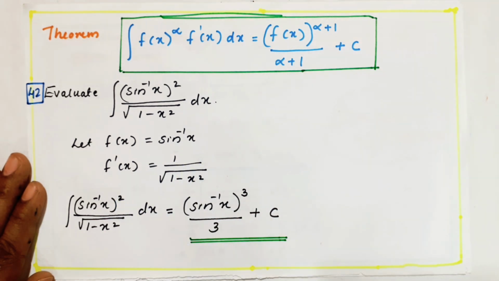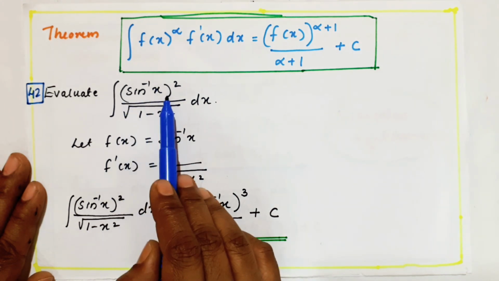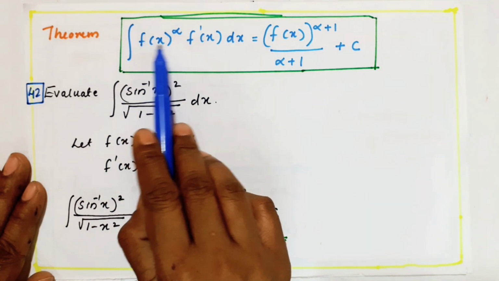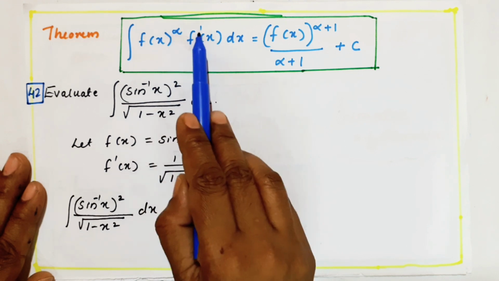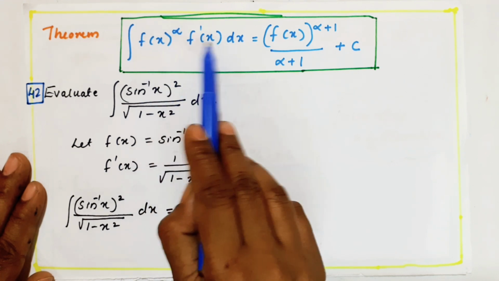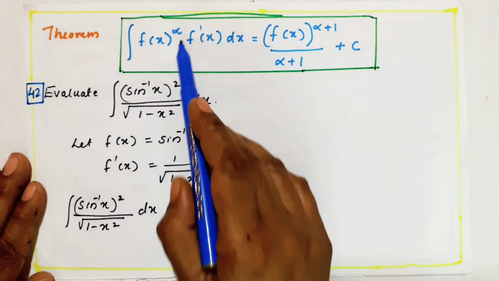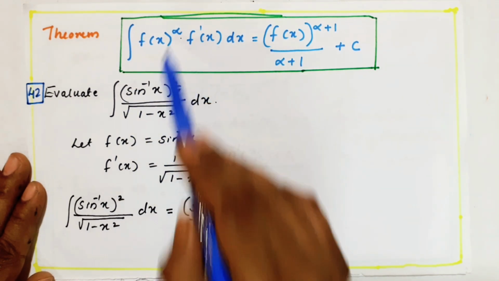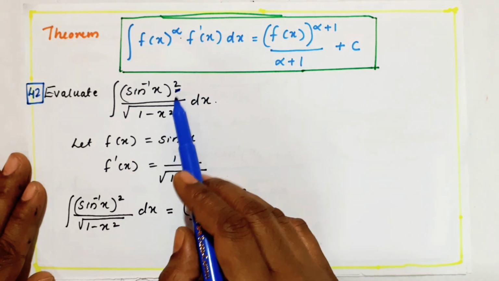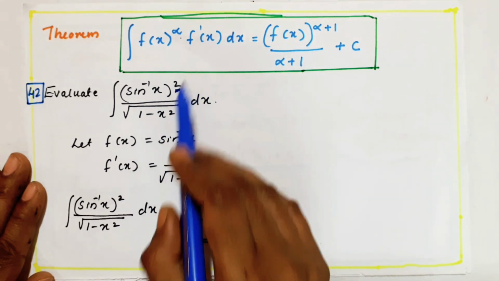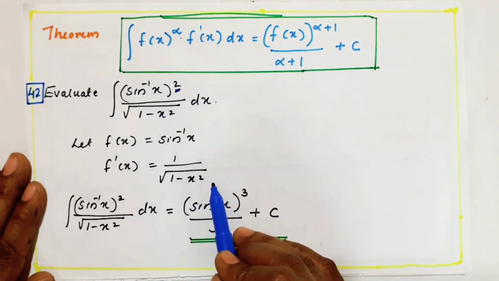In those types of question, you can do the shortcut method. See what power they have given: f of x the whole power alpha into f dash x. It's like a product. F of x is sine inverse x, and its power alpha is given as 2. The next term is f dash x.